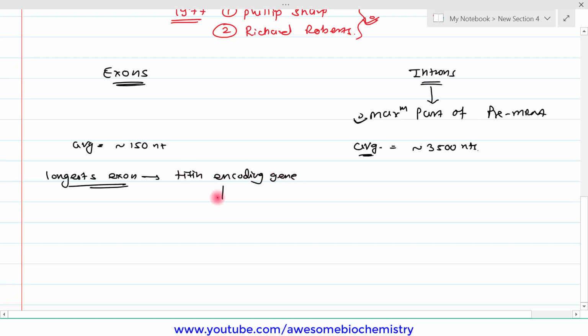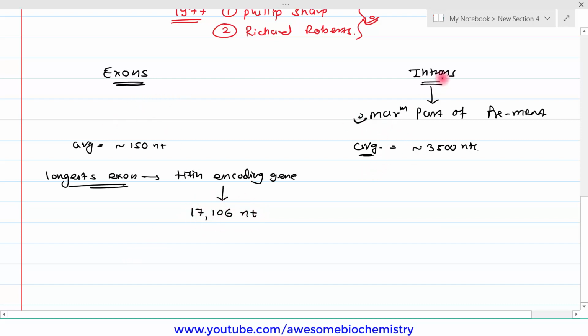In the titin encoding gene, there are many different exons. Out of these, one exon has a length of 17,106 nucleotides. So this much bigger exon can also be seen.